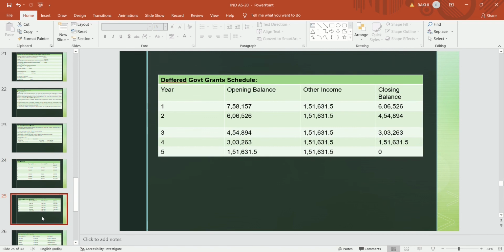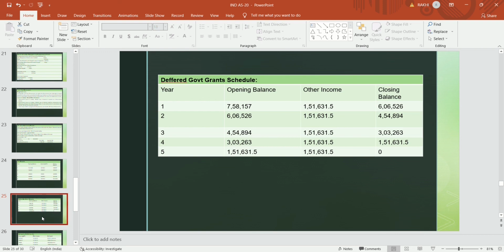The grant will be the interest part, which is the grant receivable, that is, the government's interest-free loan. So the interest part is the grant which the company has received. The opening balance will be 7,58,000. That 7,58,000 is amortized over a period of 5 years as other income.